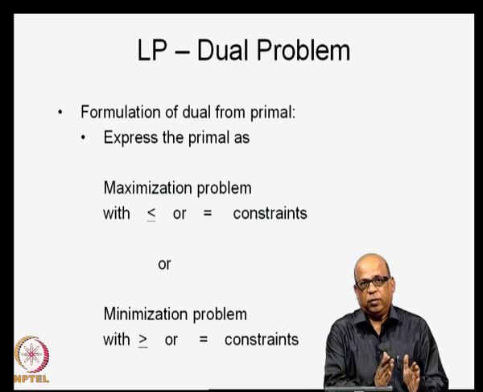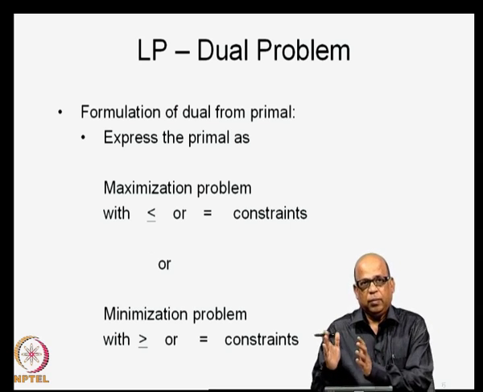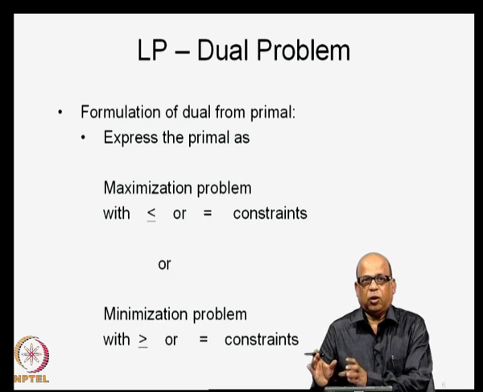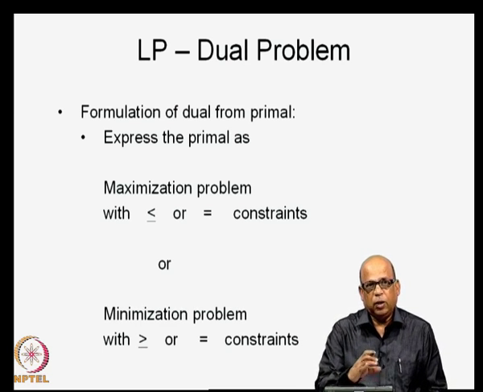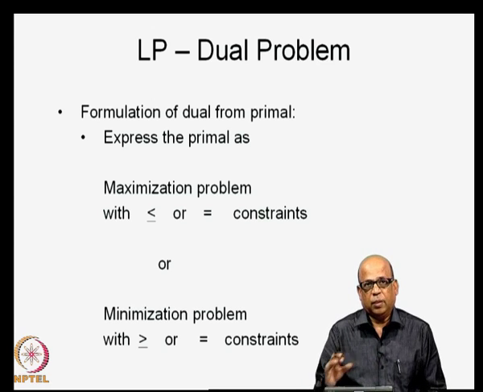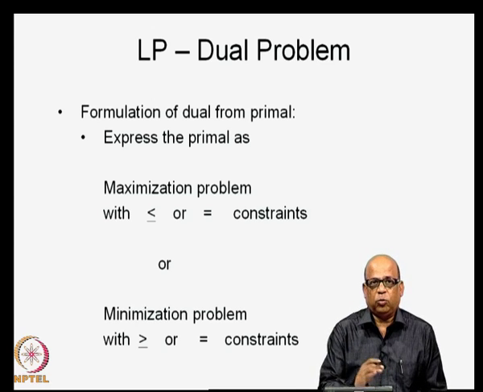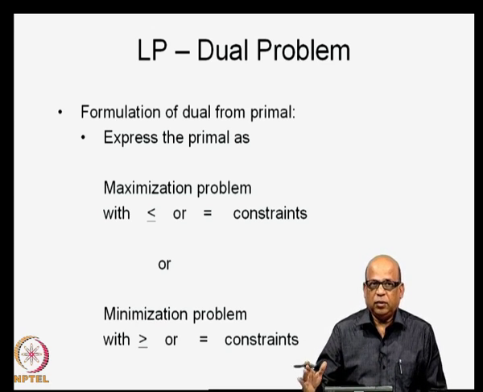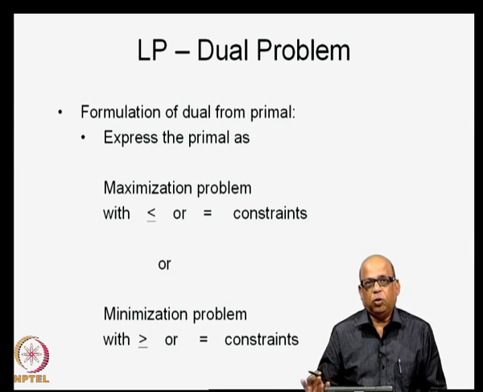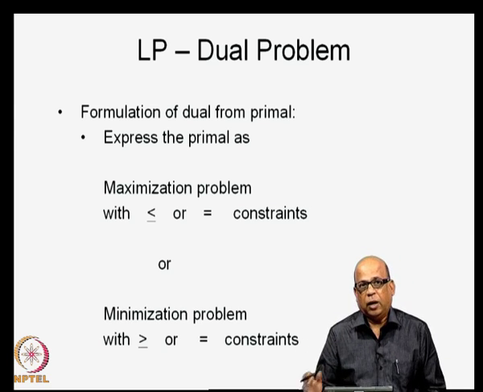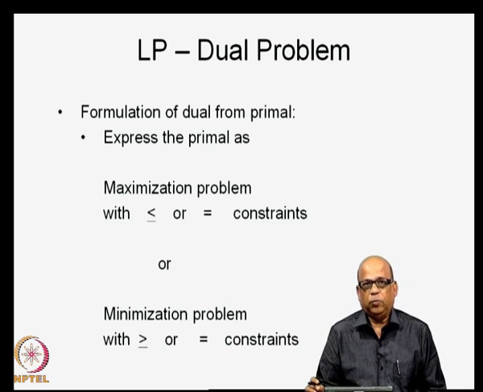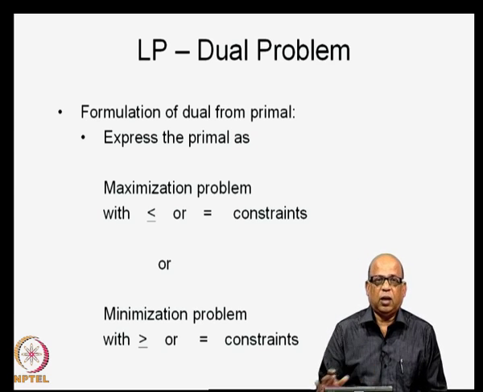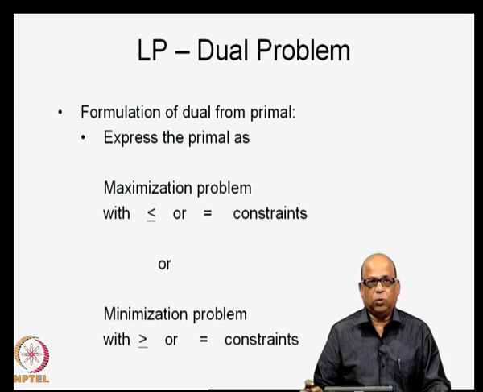So, these two are combined together, maximization with less than or equal to, minimization with greater than or equal to. As we have discussed earlier, any problem can be converted into any of these forms. So, first we will express it in any one of these two convenient forms.